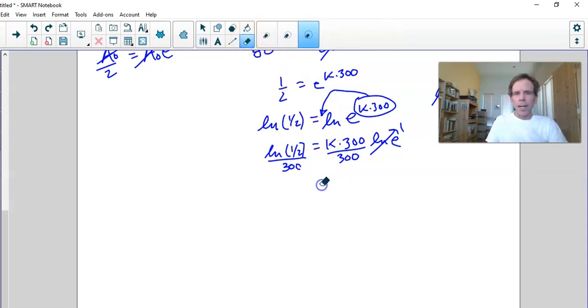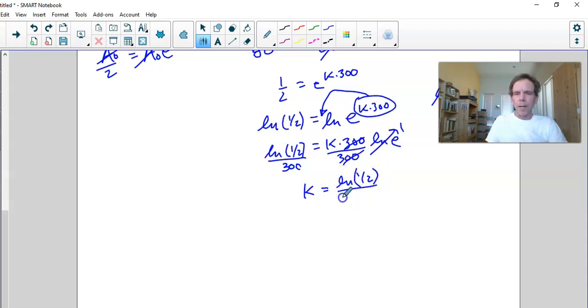Let me put this in a calculator, and we'll get an approximation for k. K is equal to the natural log of a half divided by 300. That's the exact value of k. But we're going to get an approximation so we can approximate the amount after 1,000 years.